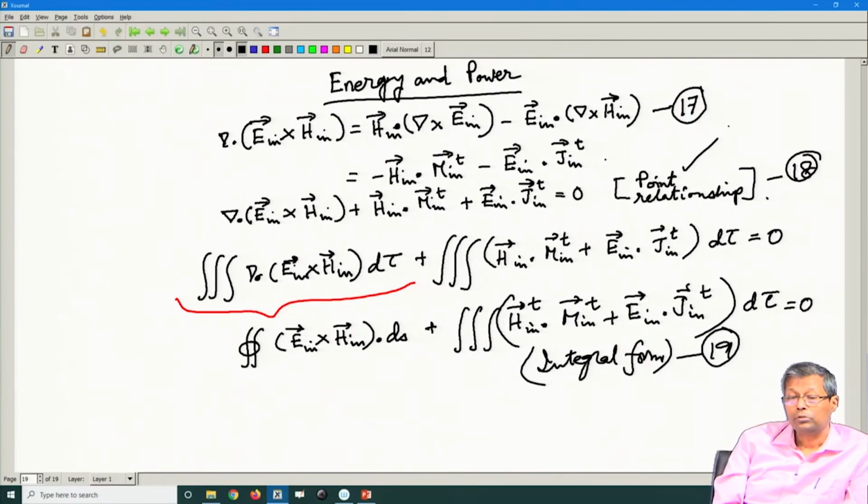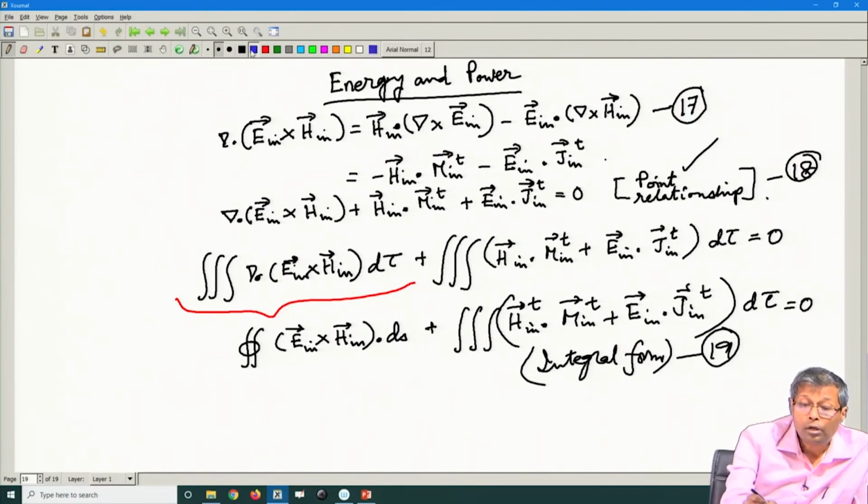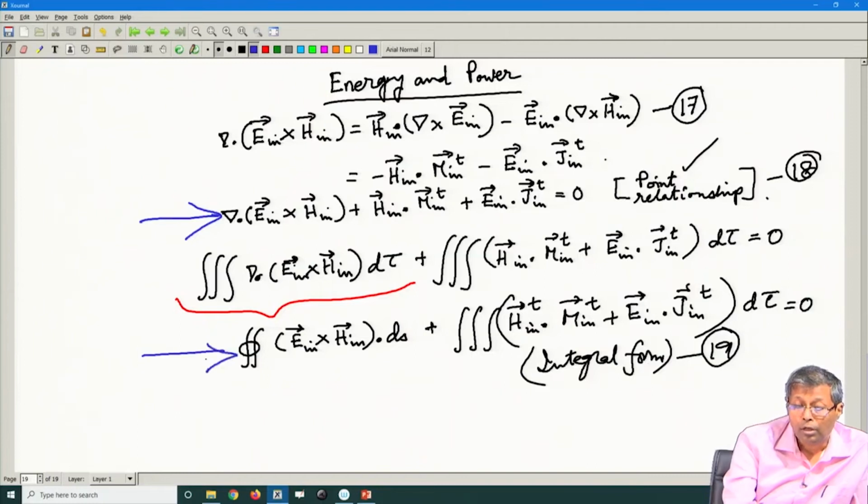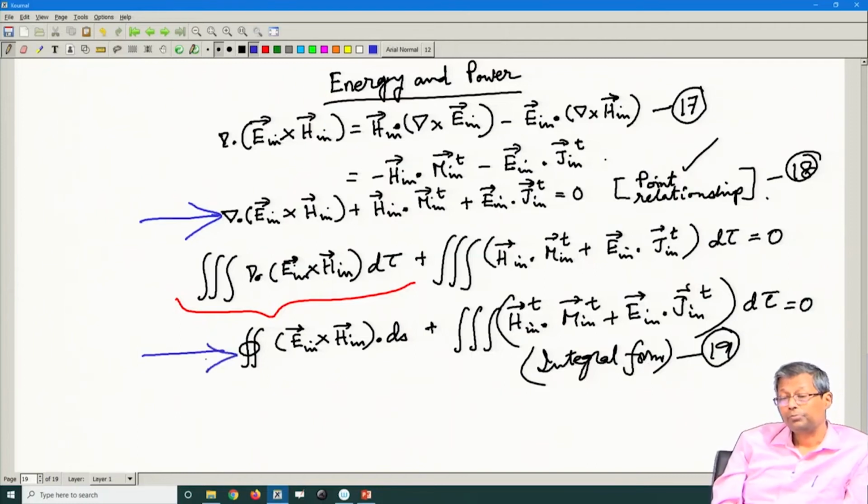So, we have two forms of relationship, and these two forms eventually will take the shape of the conservation of energy.